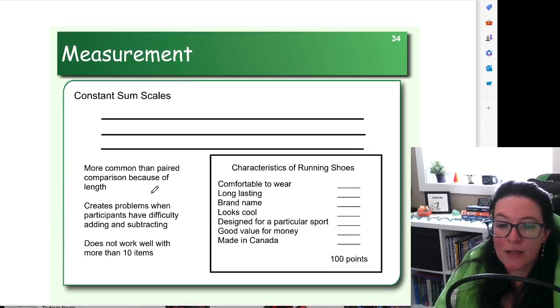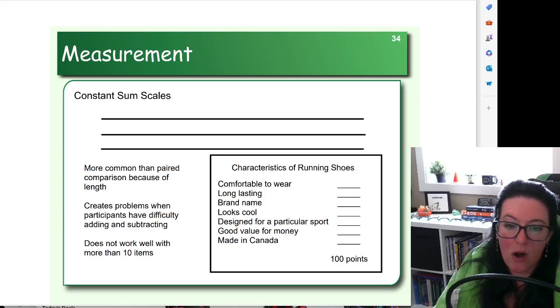Another type of attitude scale is something called a constant sum scale.